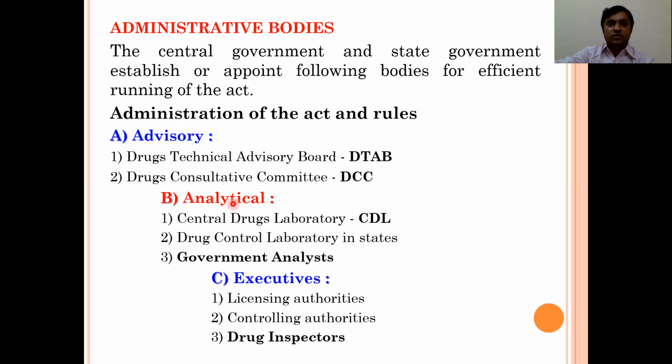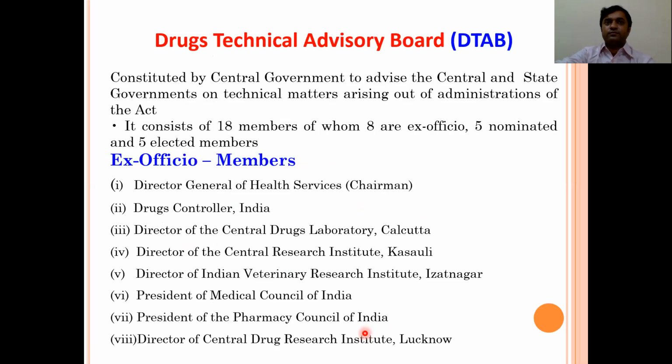The Analytical Department consists of CDL and the Drug Control Departments of all the states, and government analysts. The Executive Department has licensing authorities, controlling authorities, and drug inspectors. This is the structure of the administrative bodies of the Drugs and Cosmetics Act.